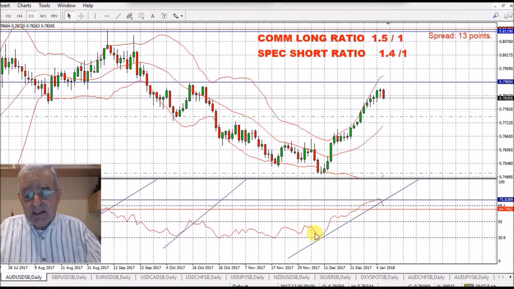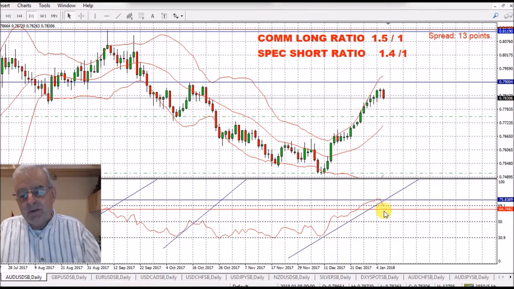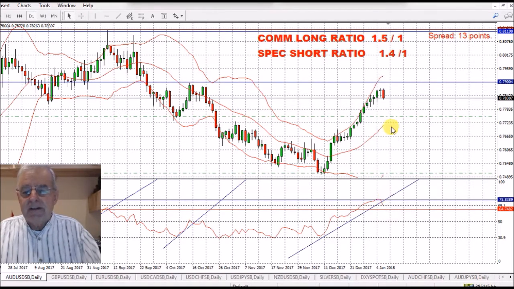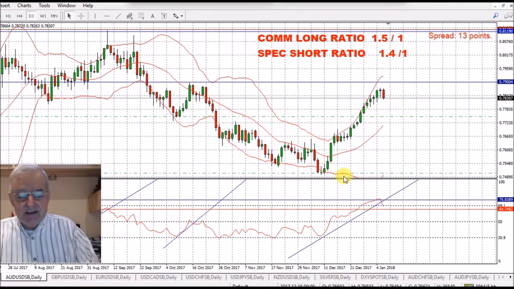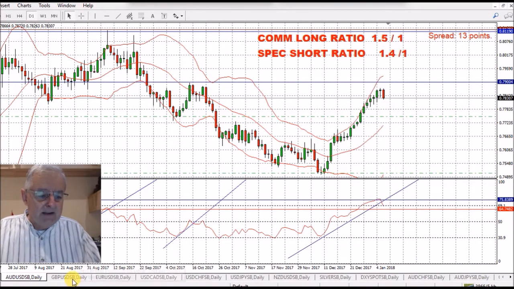As you can see, we came up nicely, we went along my resistance line, and then we've dropped back through at a nice angle, and we've cut through the trend line, and that's basically a sell signal. I'm already in it, so I'm not going to add to it, but that's a nice sell signal, so that's what I'm looking for.